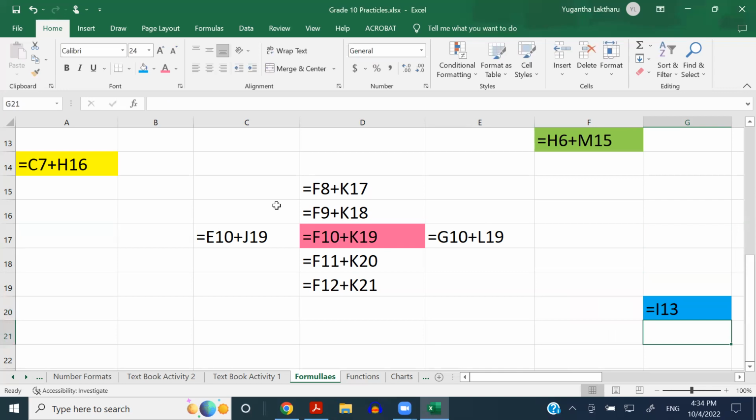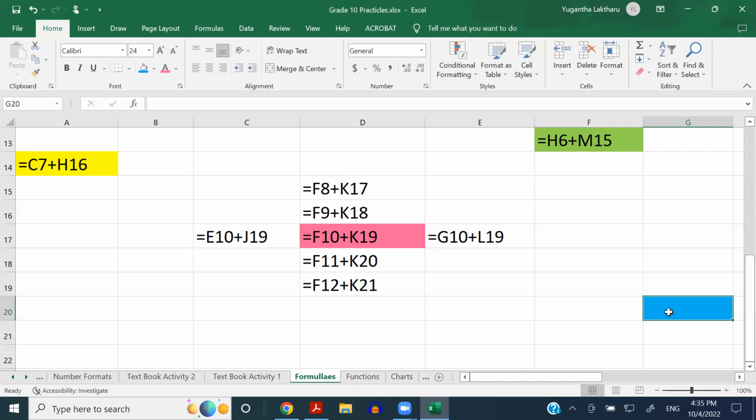Then what's going to happen to the K19? K19, L19, M19, and N19. Sanushi, that's correct. And N19 moving downwards, N20, N21, N22. So I13 plus N22.